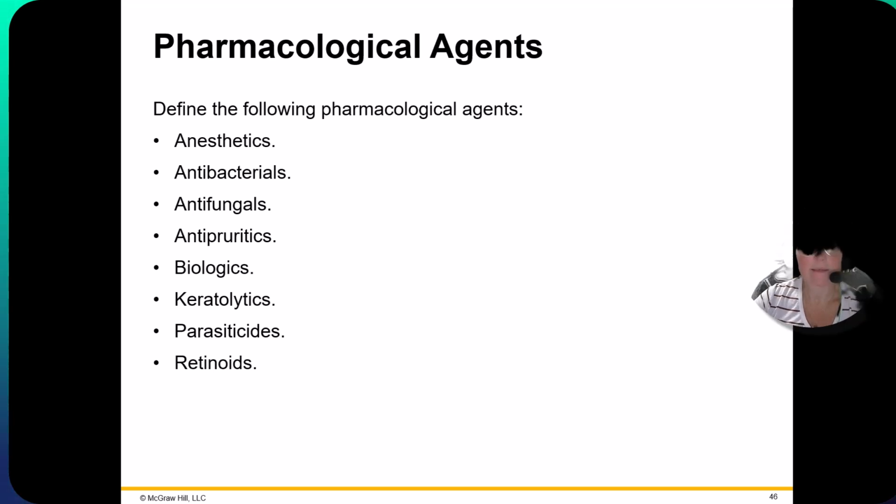All right, so then we have pharmacological agents. What do they mean? Anesthetics, antibacterials, antifungals, antipyretics, biologics, keratolytics, parasiticides, and retinoids. Again, break them down. Find the different word components and identify what those word components mean to put it all together, starting with the suffix first, the end, and then going to the front of the term.